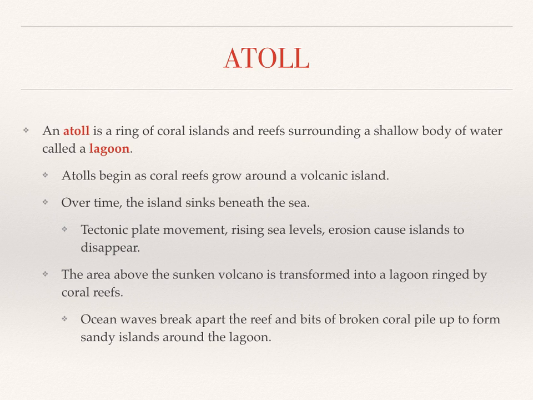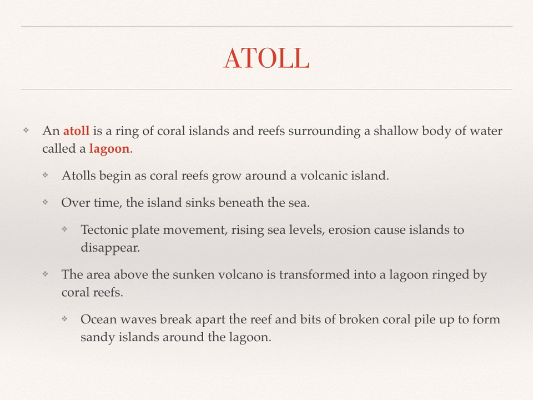In the case of an atoll, the volcanic island surrounded by these coral reefs eventually, over a long period of time, sinks beneath the sea. Things like tectonic plate movement, rising sea levels, and erosion can all cause islands to disappear.